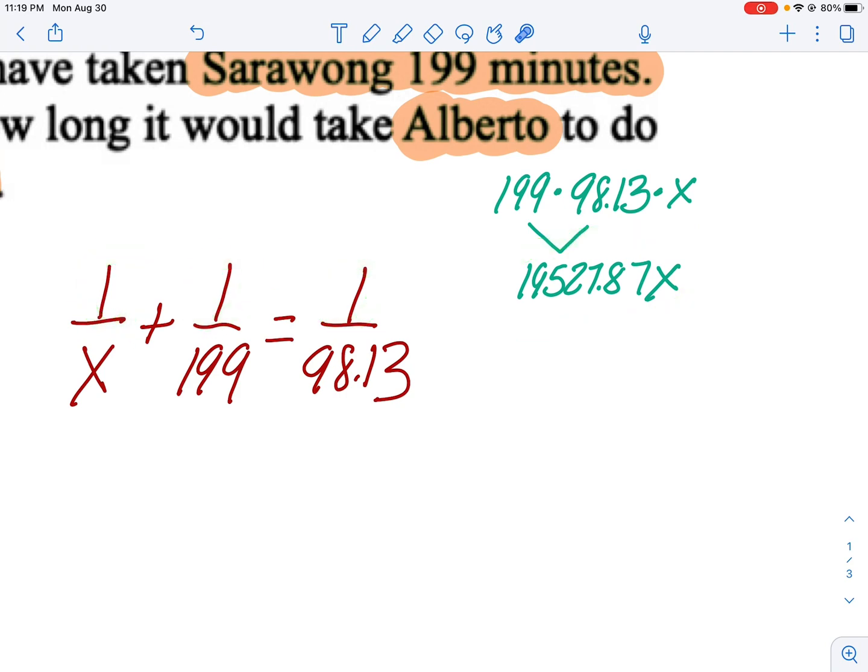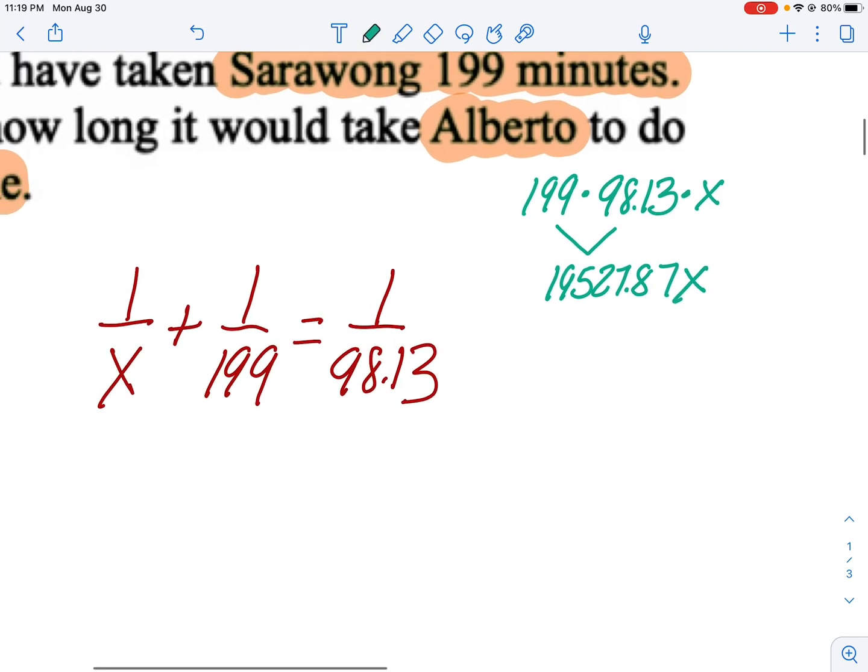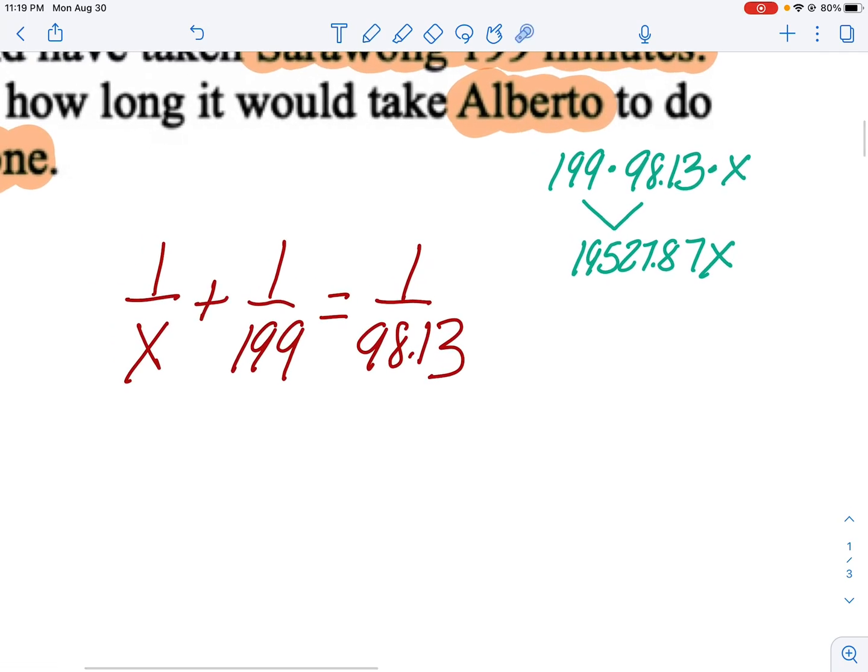Fortunately, 19527.87x times 1 is going to be the same thing. So all we're going to do is multiply that times 1, and each of those is going to be the same thing.